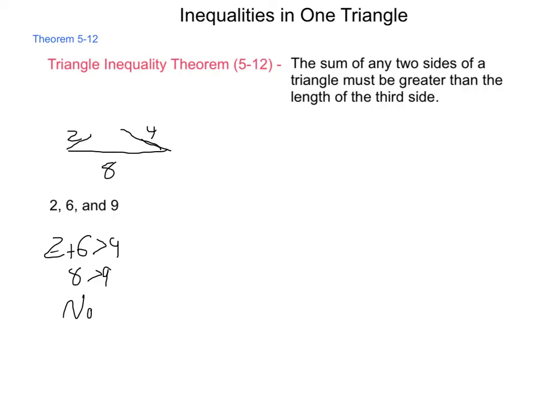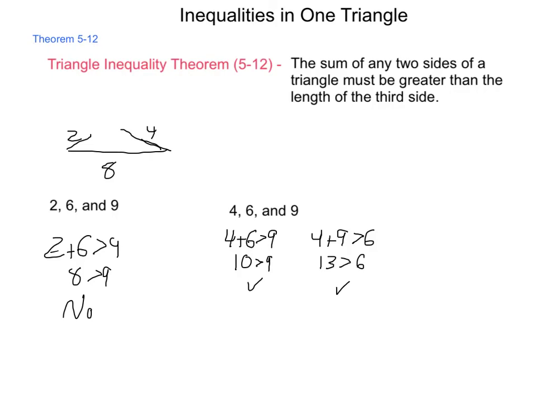Let's take a look at another trio. What if I were to make it 4, 6, and 9? Let's begin again. Is 4 plus 6 greater than 9? That's 10, greater than 9, and yes, that checks out. How about 4 plus 9 greater than 6? Well, 4 plus 9 is 13, and 13 is greater than 6.